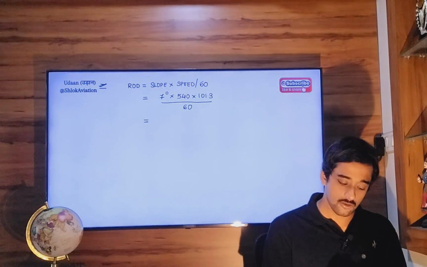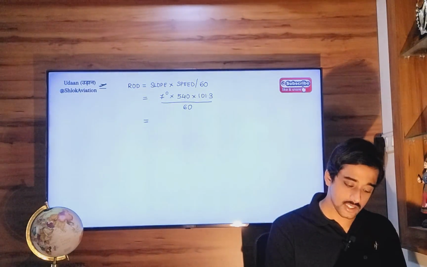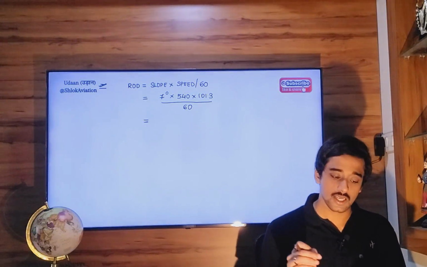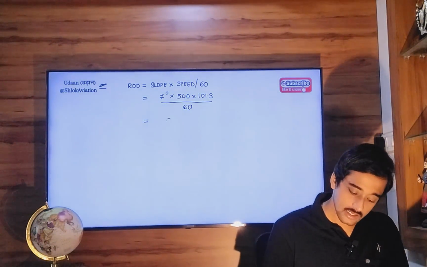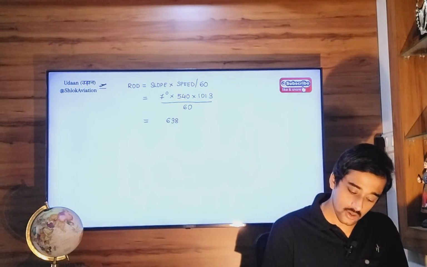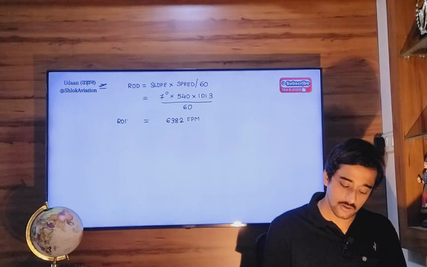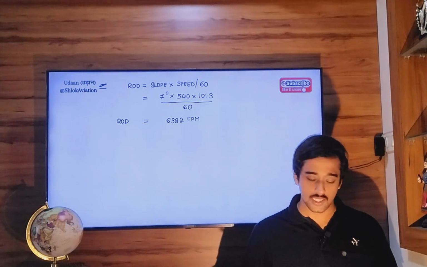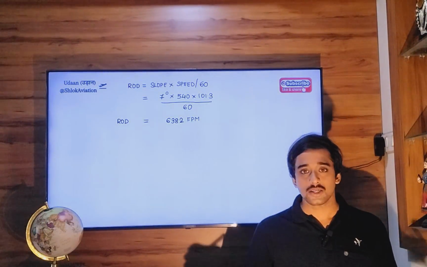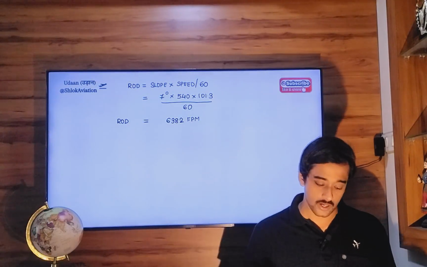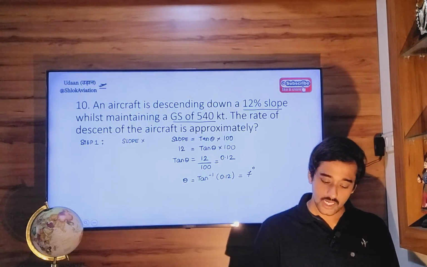So 7 into 540 into 101.3 divided by 60 is 6381.9, 6382 feet per minute. Select that option which has a value closest to this, 6380, whatever.